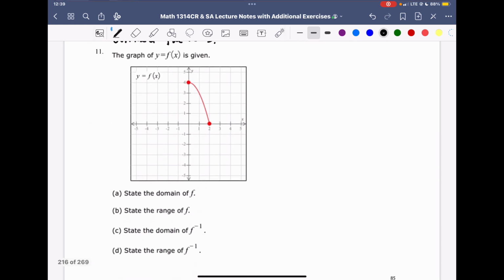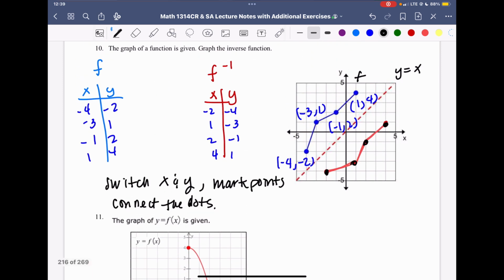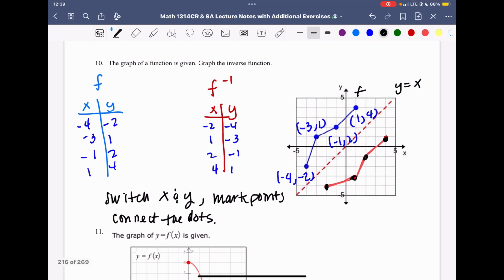All right. This one is asking us to give domain and range. I can give you domain and range so you can see how it works. For the blue one, domain is going to be negative 4 to 1, and they're included. And then my range is going to be negative 2 to 4.